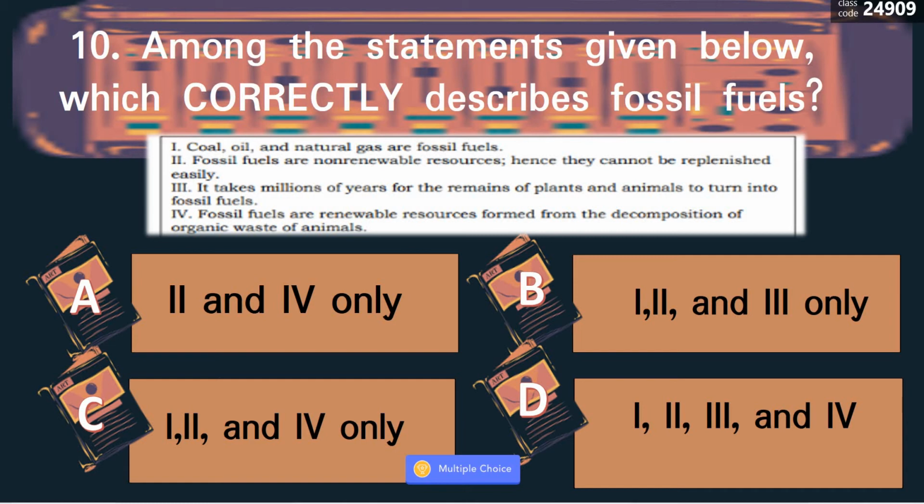Or 4. Fossil fuels are renewable resources formed from the decomposition of organic waste of animals. Is it A, 2 and 4 only? B, 1, 2, and 3 only? C, 1, 2, and 4 only? Or D, 1, 2, 3, and 4?